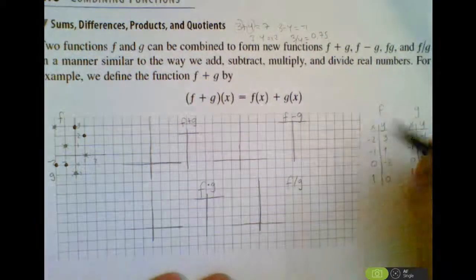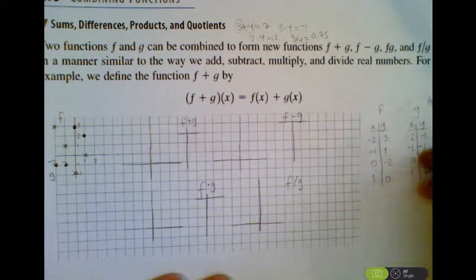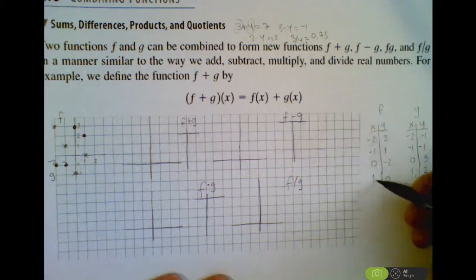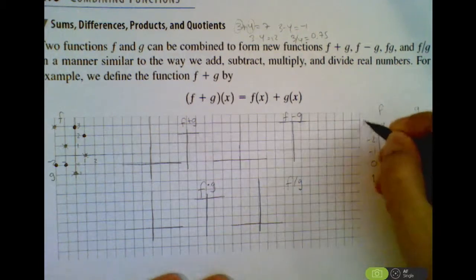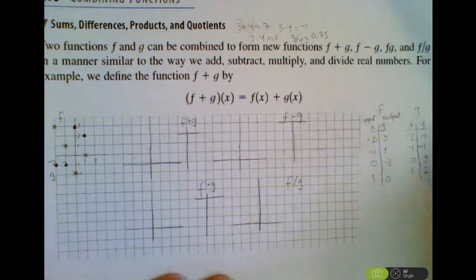So let's say that I don't have the formulas for f and g, but I do know how they change certain values. I know that f changes -2 into 3, -1 into 1, 0 into -2, 1 into 0. Remember that these are the input values and these are the output values for f. And let's say that there's a function g that changes -2 into -1, -1 into -1, 0 into 3, and 1 into 2.